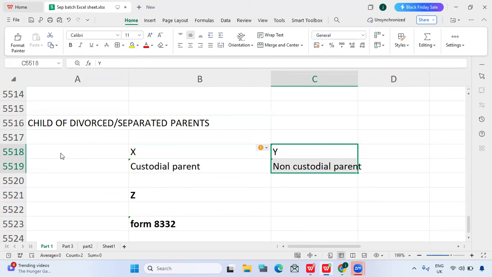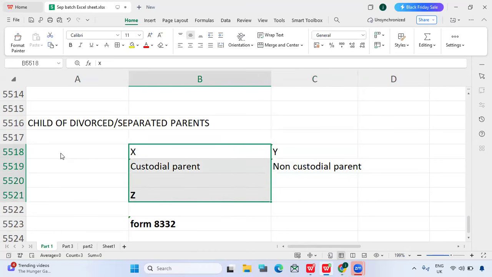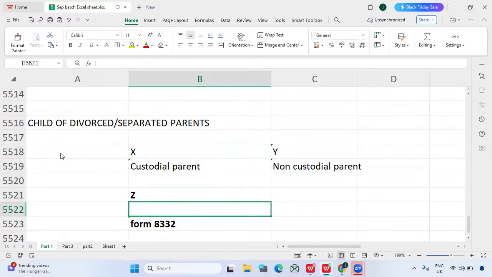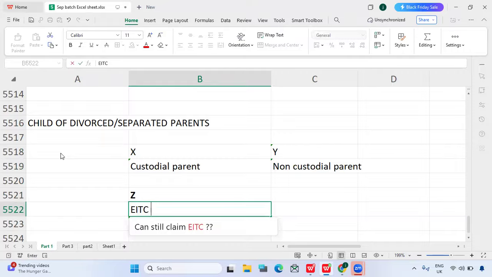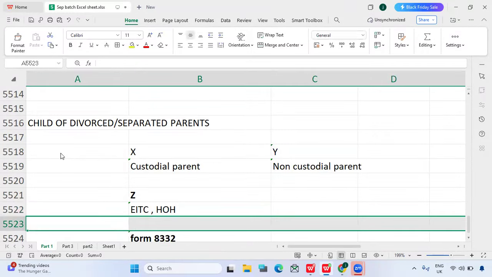Even if the custodial parent releases the claim with Form 8332, the custodial parent may still claim the EITC or HOH. In HOH cases, he should have a dependent, right?